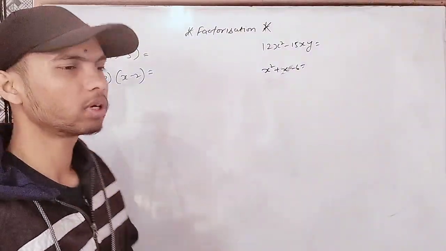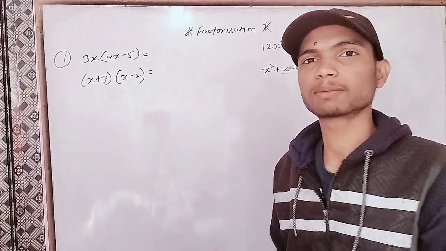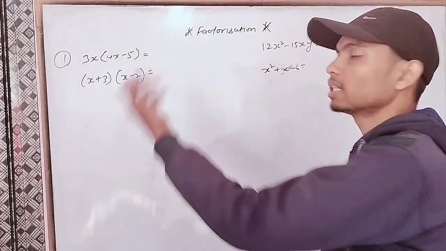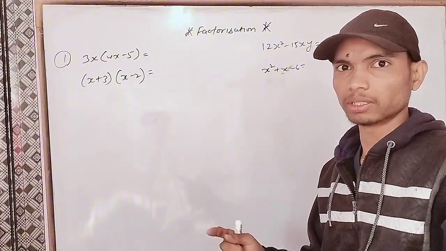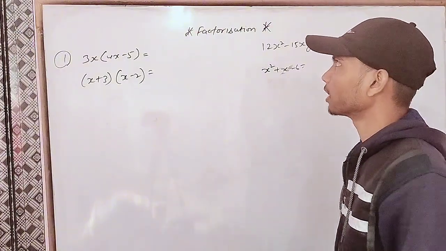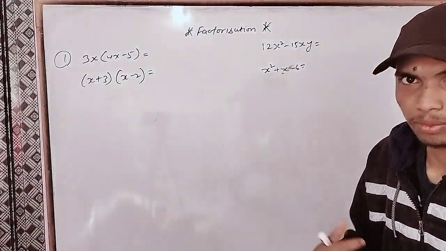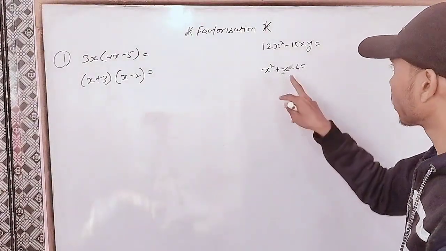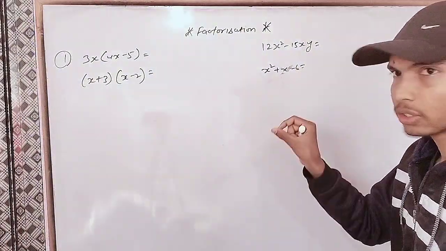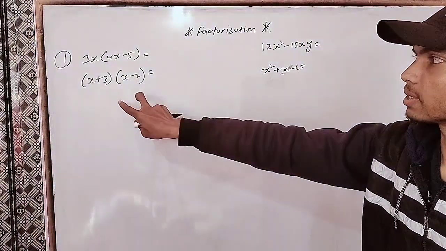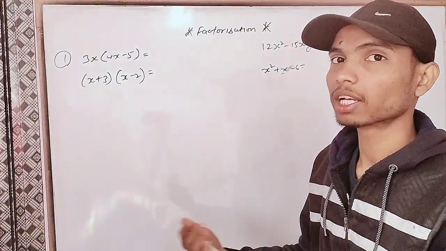Here, this already has an expansion. It has been expanded, already expanded. So here we can write it together in one way. And this has no expansion. We need to factor this. This is a question for factorization, and this is a question for writing in expansion.